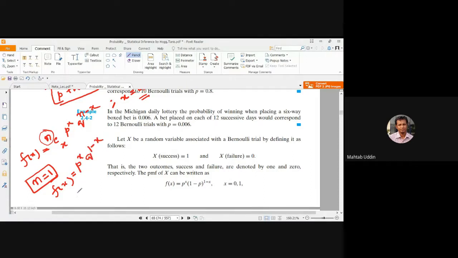In this situation, x is 0 or 1. If 0, you fail. If 1, you succeed. This is called a Bernoulli trial. In a binomial distribution, the individual trials are called Bernoulli trials.